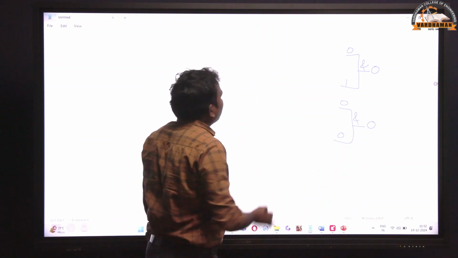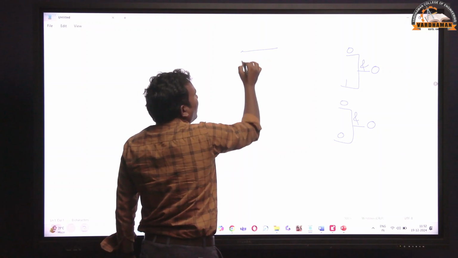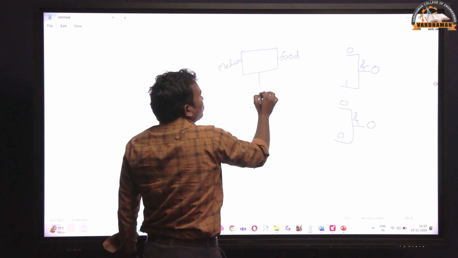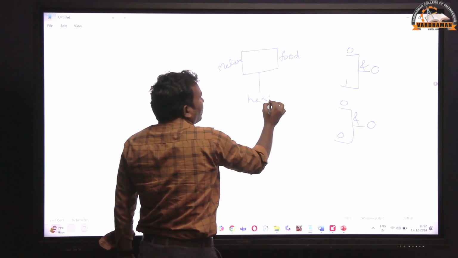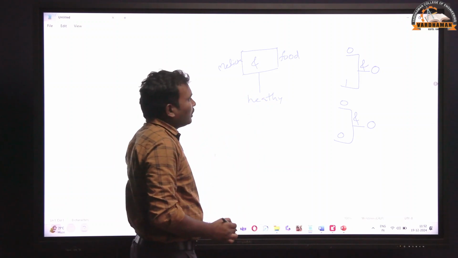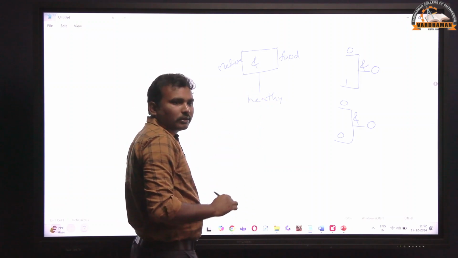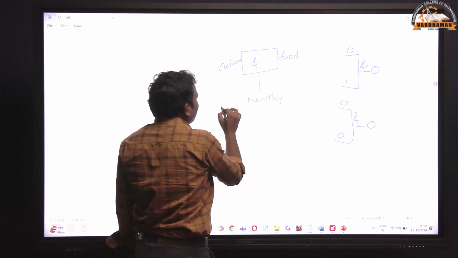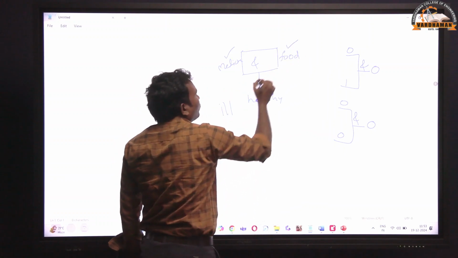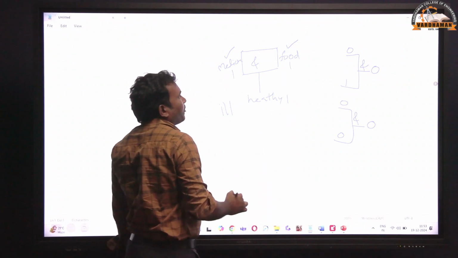Simply remember this: suppose a doctor says to a person, you take medicine and you take food. If you do these two, then only you will be healthy. If any one is missing, you will become ill. Patient taking medicine, patient taking food. Suppose we represent that with 1, the person will be healthy.